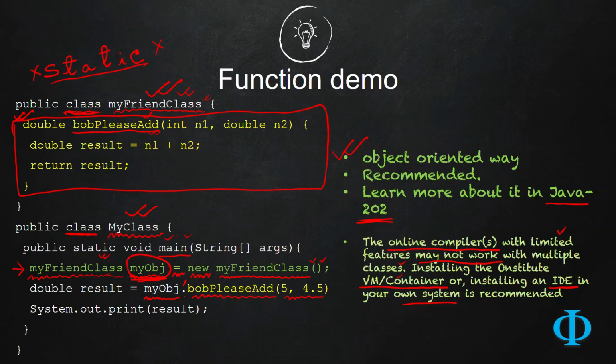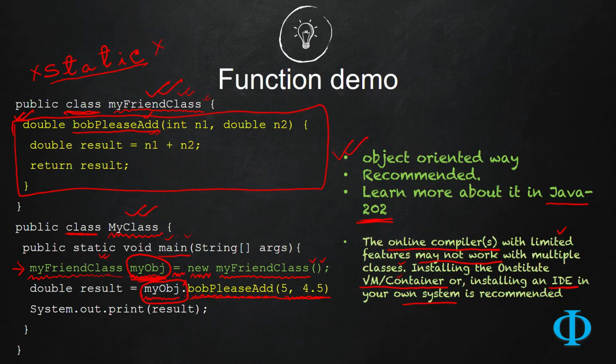So the only difference is that when you are calling the function, instead of just calling it by name followed by the argument list, you have to use the object name followed by the dot operator before calling the function. That's the only difference.